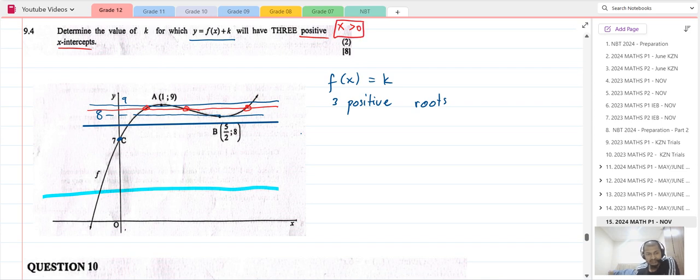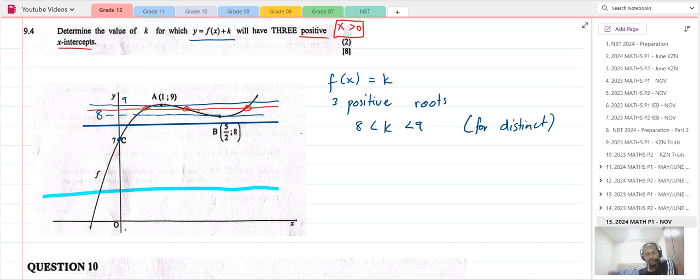So the value of k has to be between 8 and 9. 3 positive x-intercepts should be distinct. They didn't say 3 different, they just said 3 positive x-intercepts. Okay, for distinct, that's what I'm using. The value of k should be between 8 and 9.